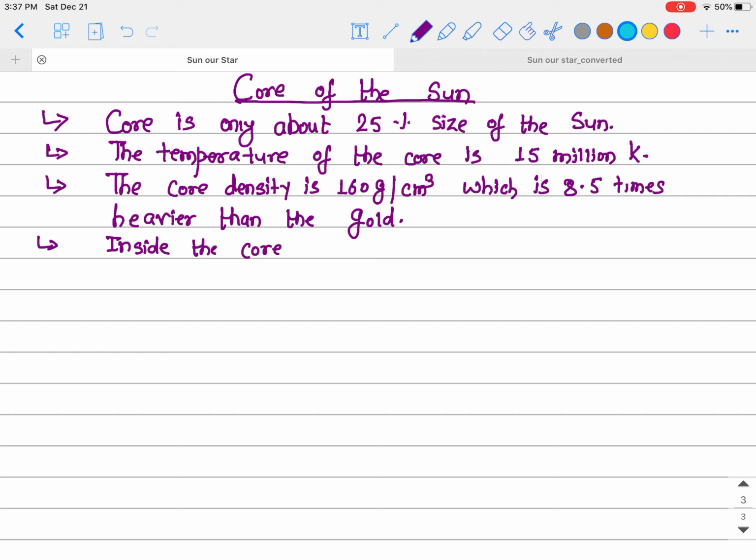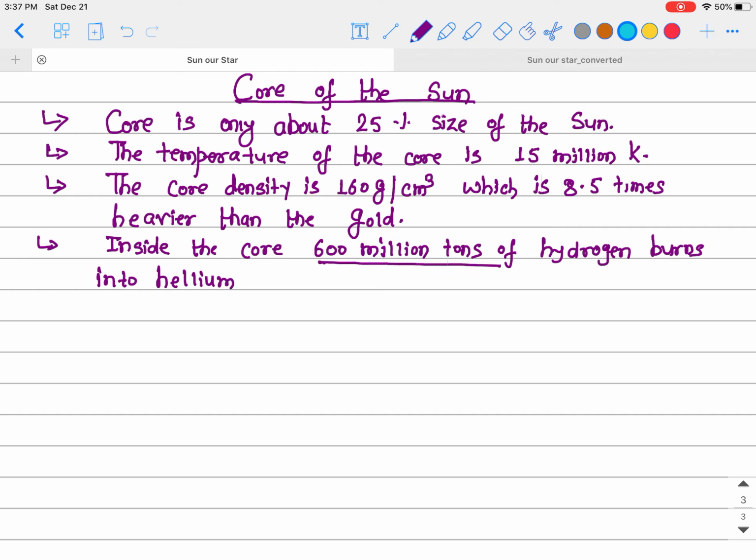So if you look inside the core, 600 million tons of hydrogen burns into helium. 600 million tons of hydrogen burns into helium in 1 second, or every second.